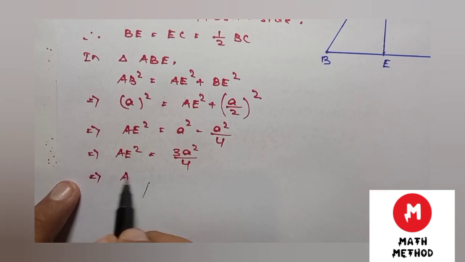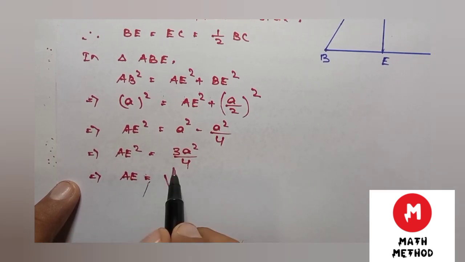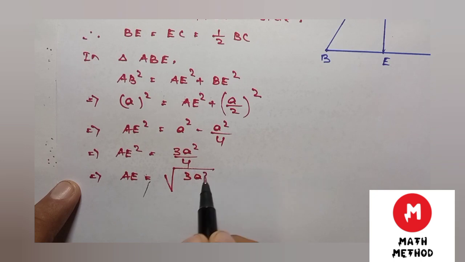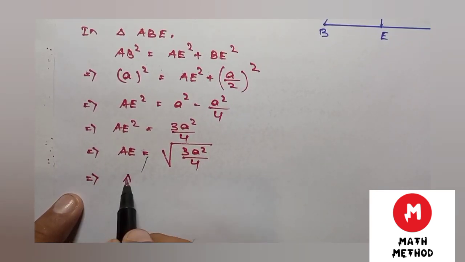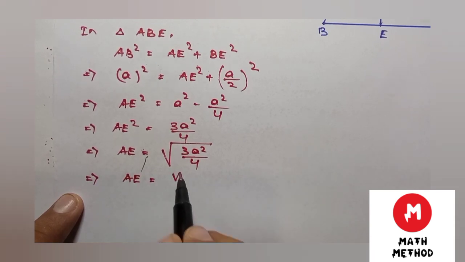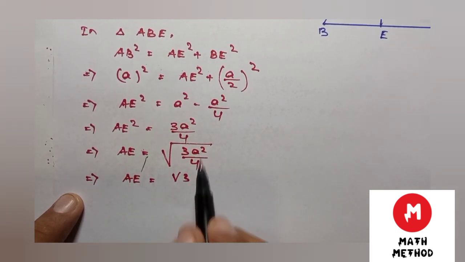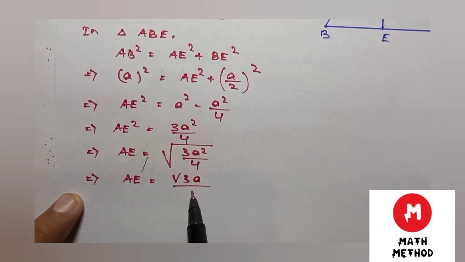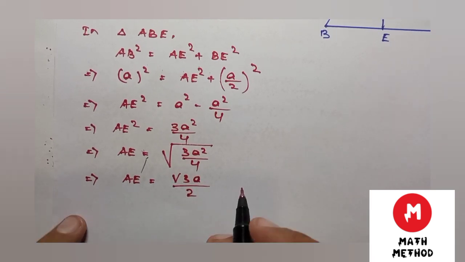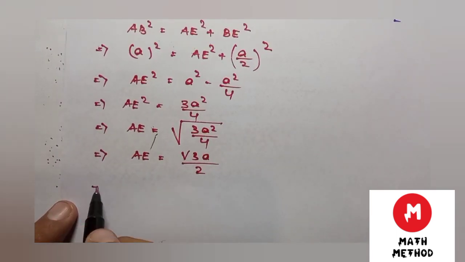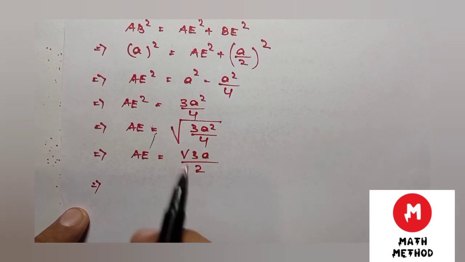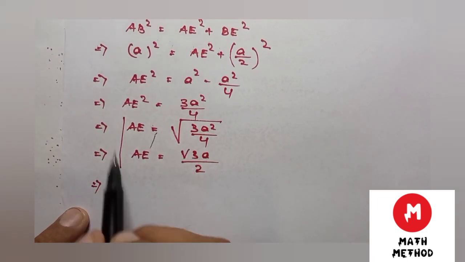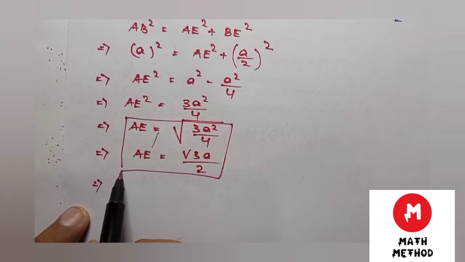This implies AE is equal to root over 3a square upon 4, which is root 3 a upon 2. This is not required for this question.